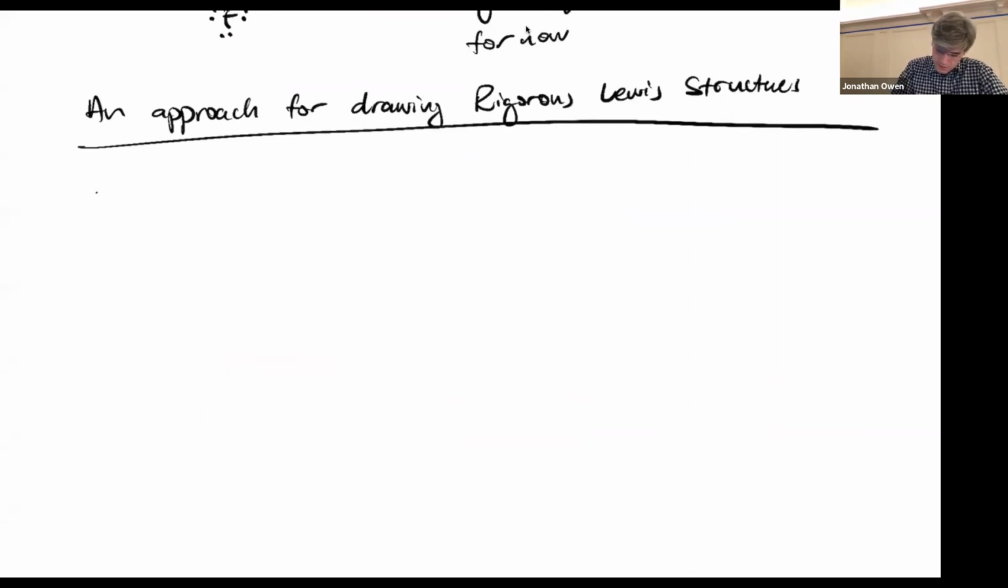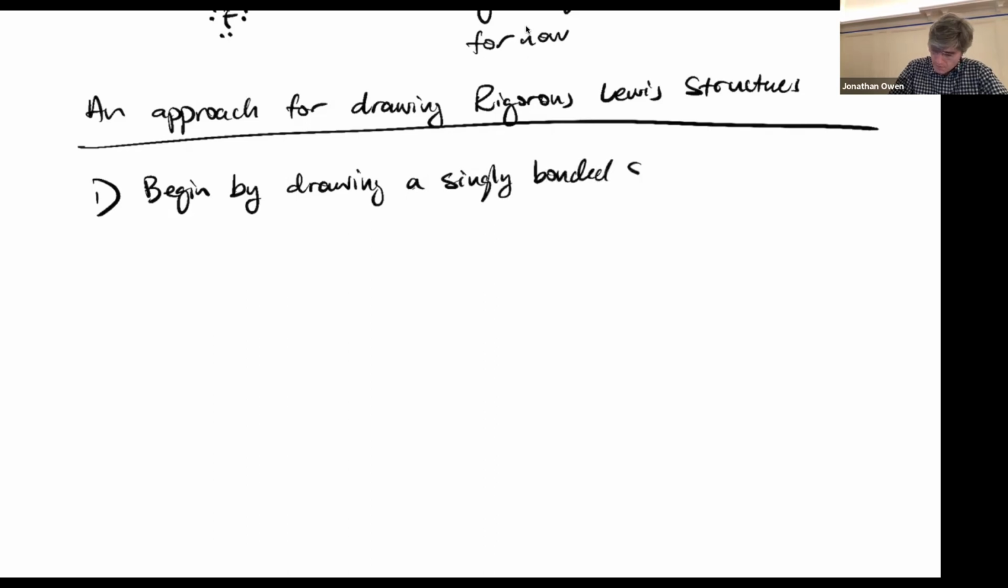Okay, so step 1, begin by drawing a single bonded structure. And by this, I mean normal covalent bonds and natural resonance theory types of interaction.